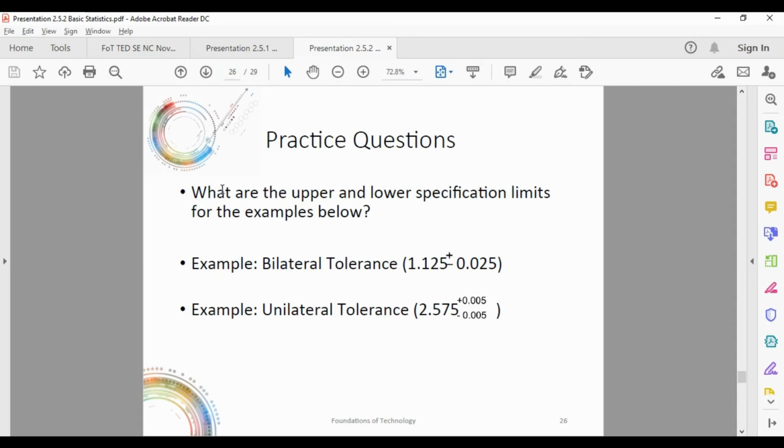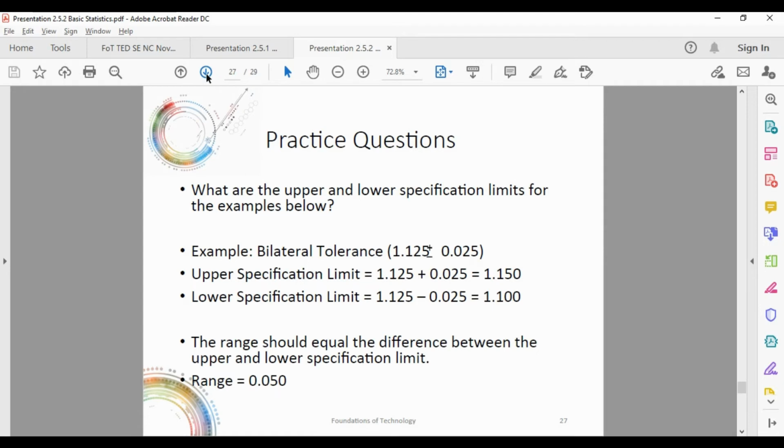Okay, so what are the upper and lower specification limits in these 2 examples? I have 1.125 plus or minus 0.025. So 25 1,000ths of a measure. And so the upper specification limit, you just add 0.025 to this number. You're going to get 1.15.